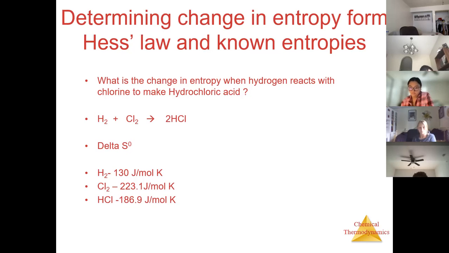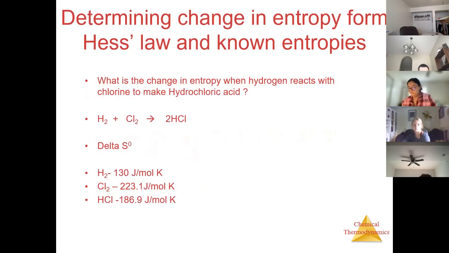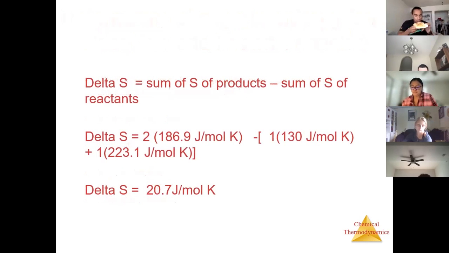So, what is the change in entropy when hydrogen reacts with chlorine to make hydrochloric acid? My delta S's. Hydrogen is a gas. If I was doing delta H's, that would be 0, and the Cl2 would be 0. But it's not enthalpy, it is entropy.